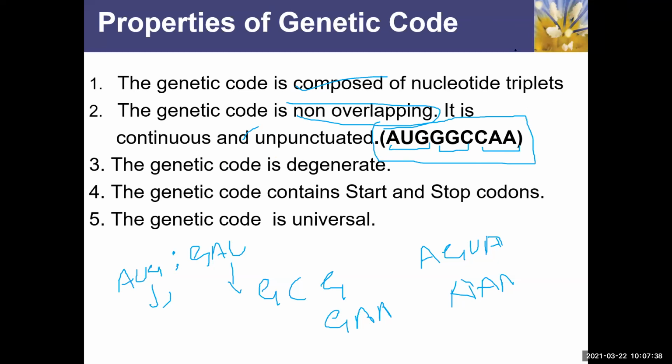Is it clear? Then the genetic code is degenerate. I have seen a lot of students not understand what degeneracy is. When we say that the genetic code is degenerate, that means that we know that 61 codons code for the 20 amino acids. So there are just 20 amino acids, but there are 61 codons.